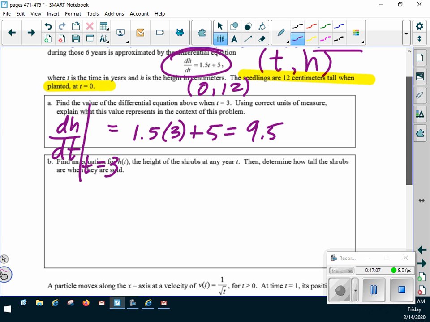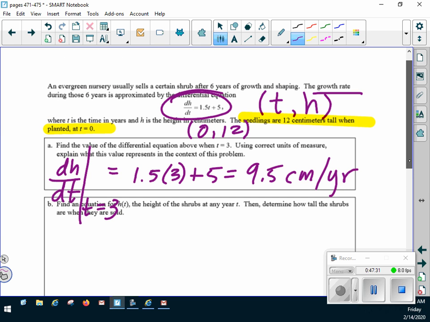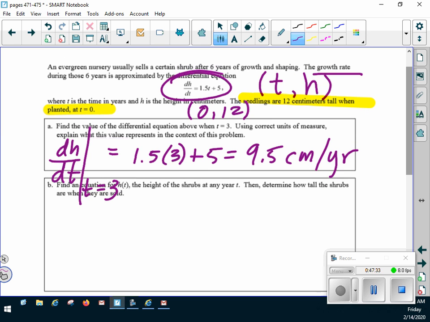Using correct units of measure, explain what this value represents in the context of the problem. What are our units of measure? It's a rate. Centimeters per year, right? Centimeters per year. What does this number, 9.5 centimeters a year, mean in the context of this problem?